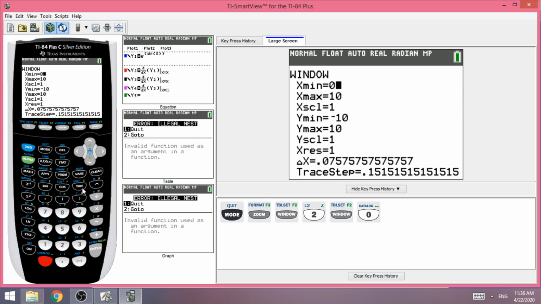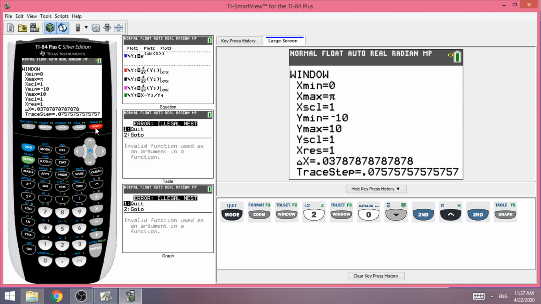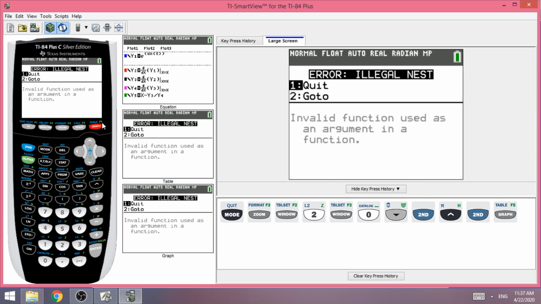So 0 to pi. Okay, and then second table. Because the earlier window was from -10 to 10. Well, there's something wrong in here. Let's see what happened here.